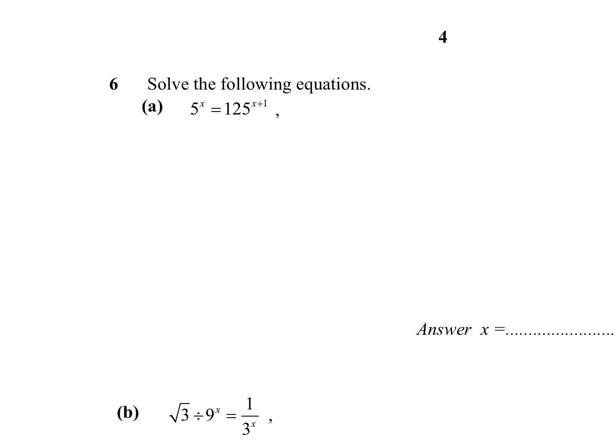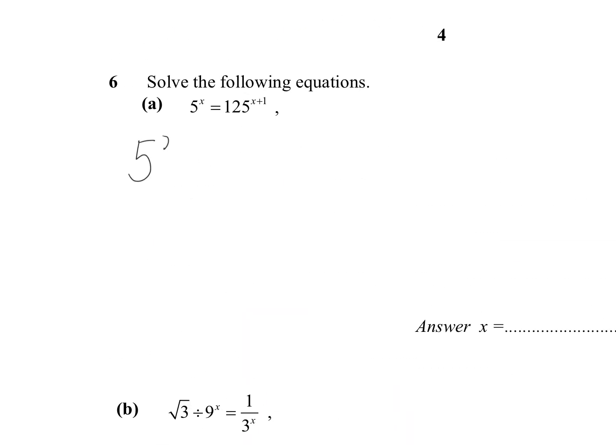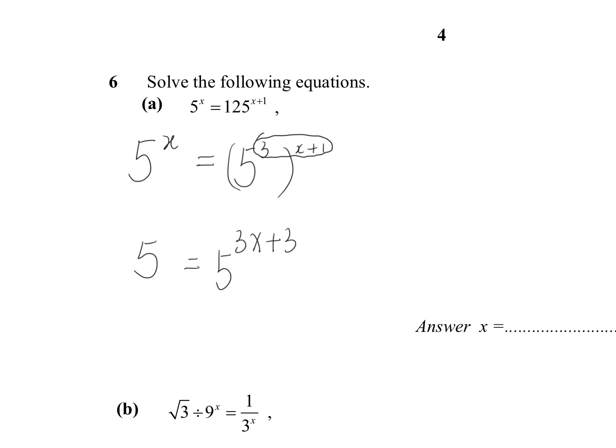This one. I want to change both to power 5. 125 is 5 cubed. Okay, so if you look carefully, separated by a bracket, you need to multiply the power. Okay, and then remember this rule.